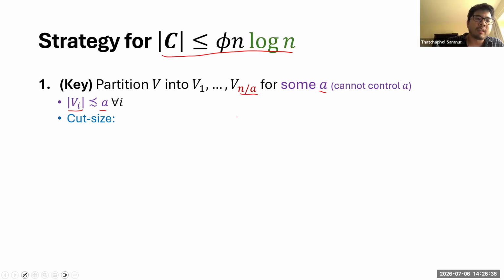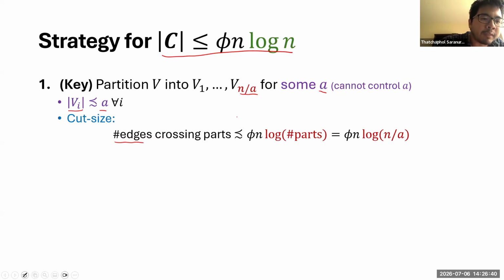Moreover, the cut size, which is basically the number of edges crossing between these parts, is going to look like phi n times log of the number of parts. Not log n, but log of the number of parts. So this is phi n log of n over a.